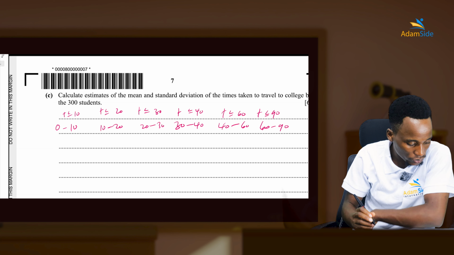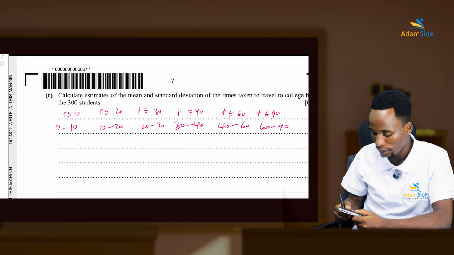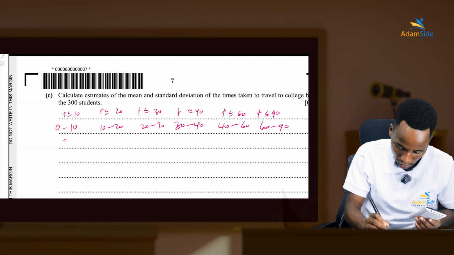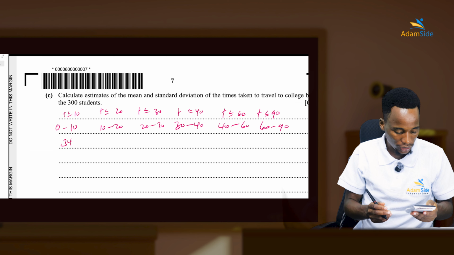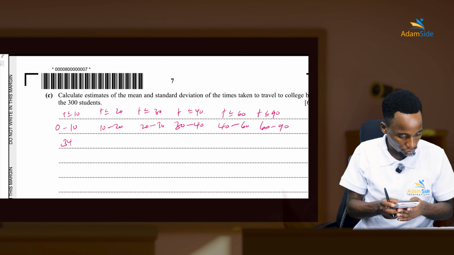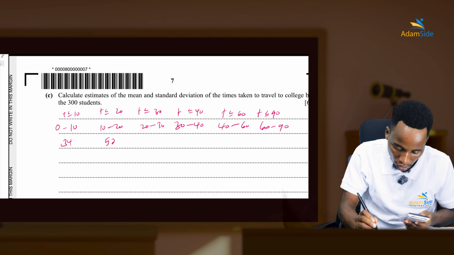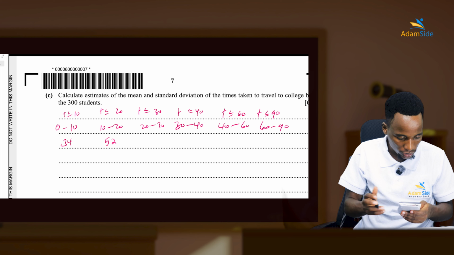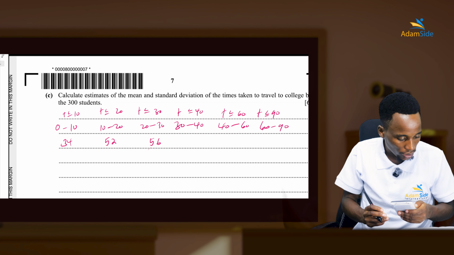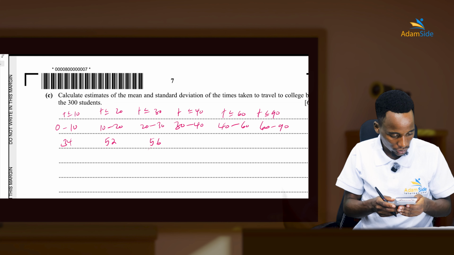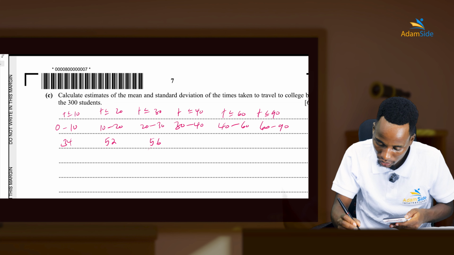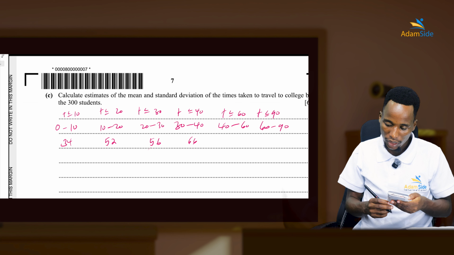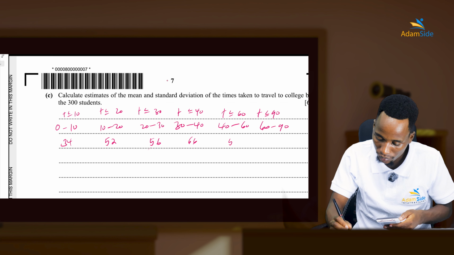And their frequencies, we have to find by subtracting the frequency before. So we'll start with 34. The first one will be 34. The second will be 86. We take away 34, which will be 52. 142 take away 86 will be 56. 208 minus 142 will be equal to 66. 256 minus 208 will be equal to 57.